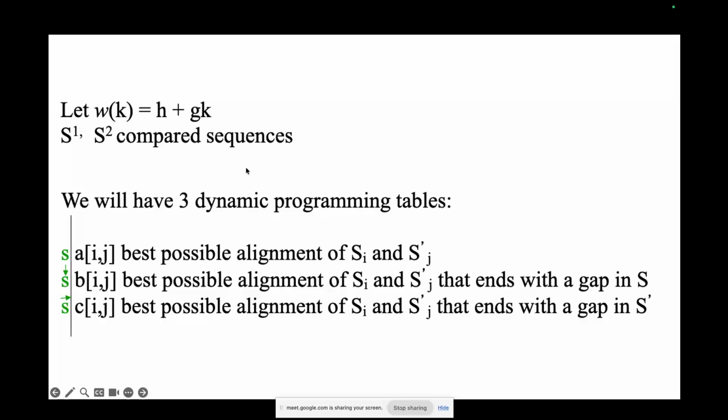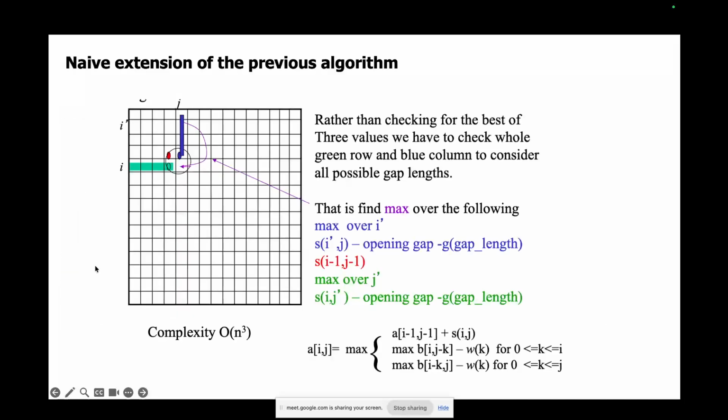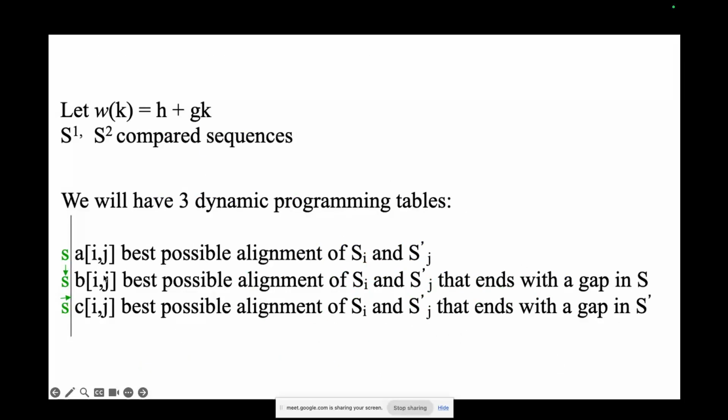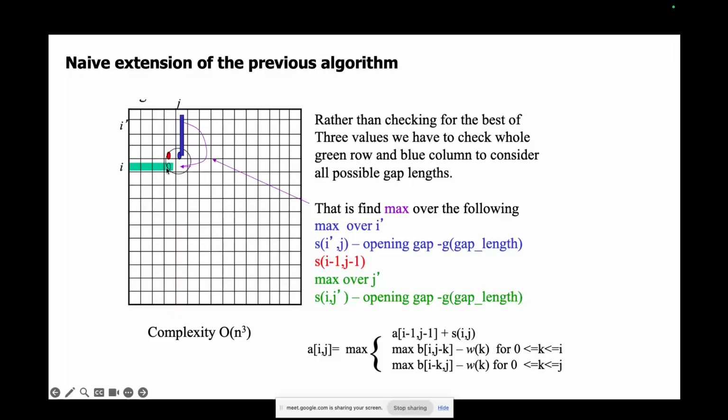These are your two sequences, two comparisons, and basically this is the first condition, if you remember. This is the best possible alignment of Si and Sj. There is another alignment which is, for example, the gap here. So there are three possible cases: one is this particular alignment, one is this particular alignment, and one is this particular alignment.